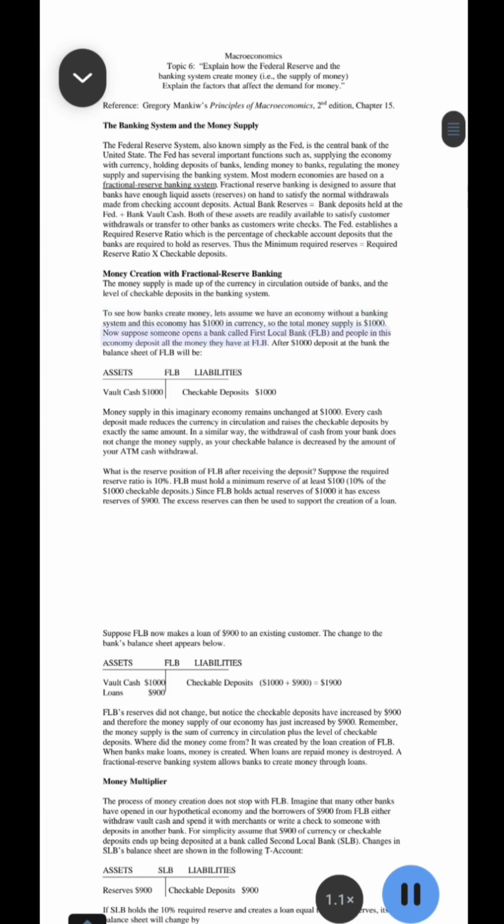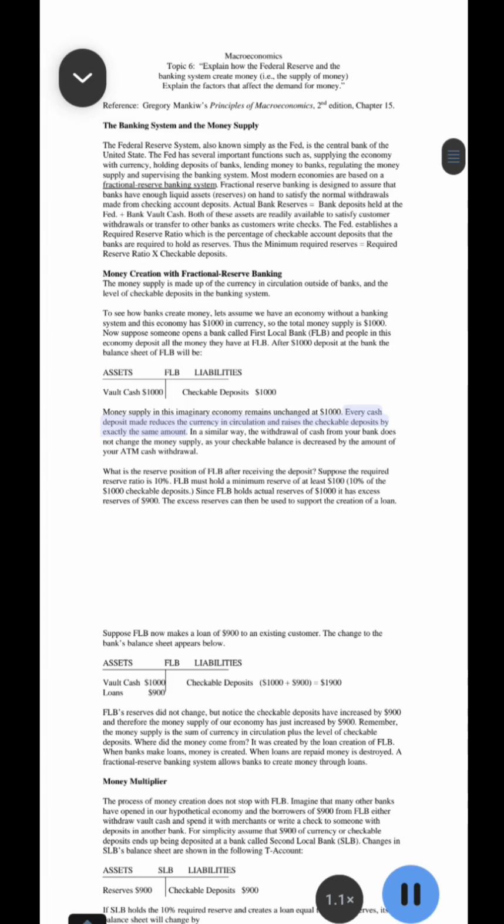Now suppose someone opens a bank called First Local Bank (FLB), and people in this economy deposit all the money they have at FLB. After the $1,000 deposit, the balance sheet of FLB will be: assets, vault cash $1,000; liabilities, checkable deposits $1,000. The money supply in this imaginary economy remains unchanged at $1,000.